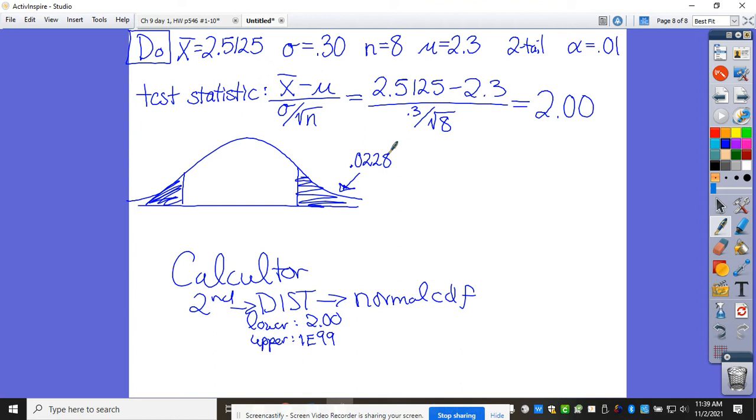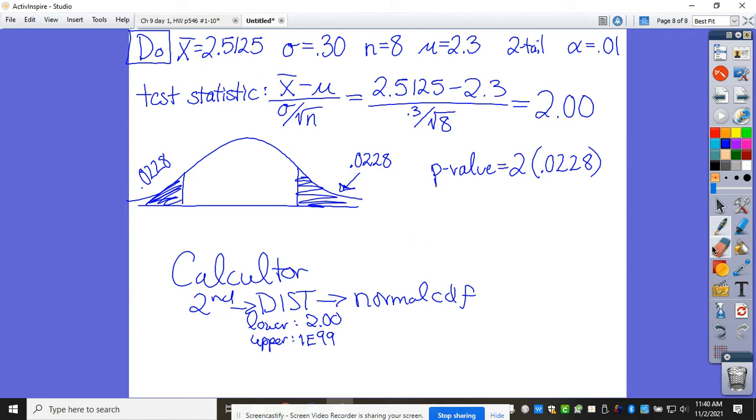But p-value is the total shaded area. This is a symmetrical graph. So if this is 0.0228, what is this? So this two-tailed thing here is a reminder that that's not my answer. My answer is actually 2 times what I get when I do that.